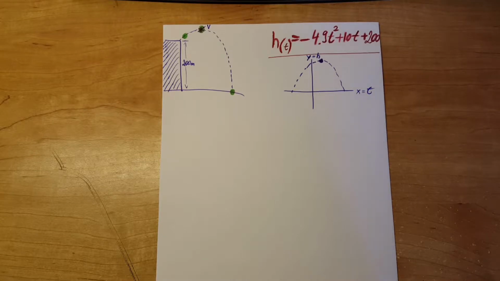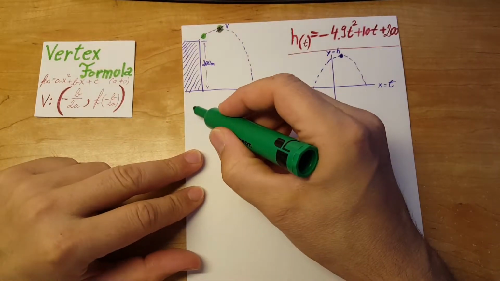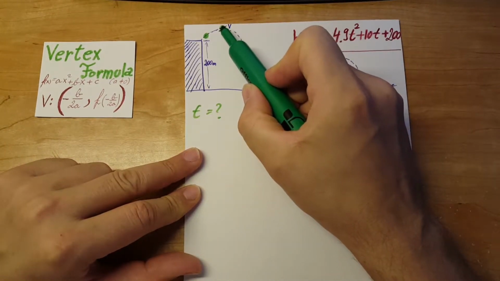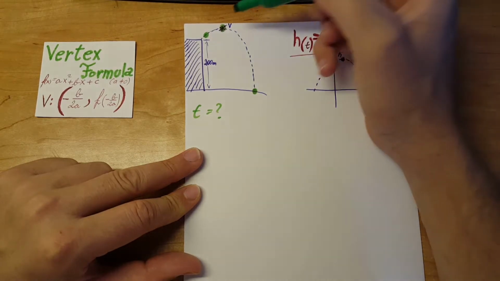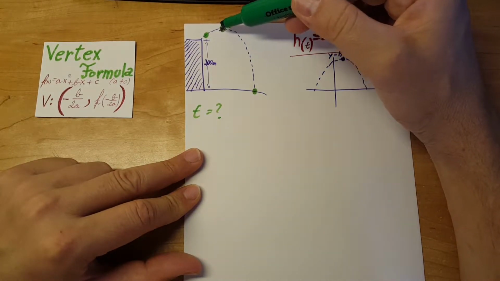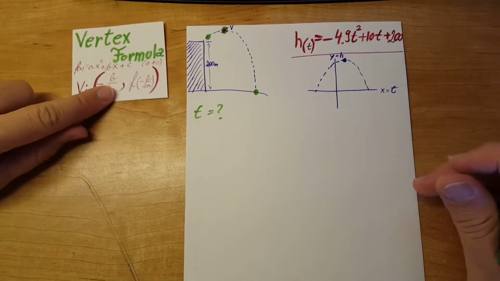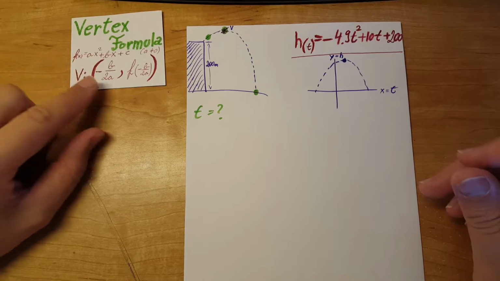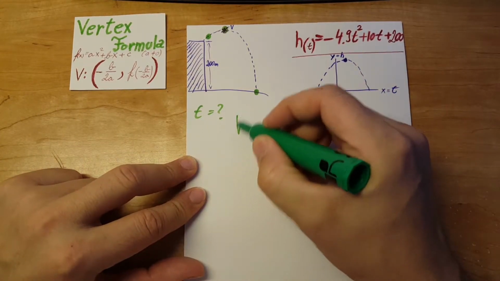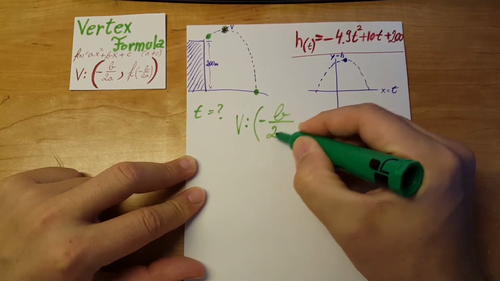Okay, so we're gonna find first the time that it takes for the projectile to reach the vertex of the parabola, or the maximum point. So for this we're gonna use the vertex formula of a quadratic function, which I'm gonna copy here so I can make some notes on it.